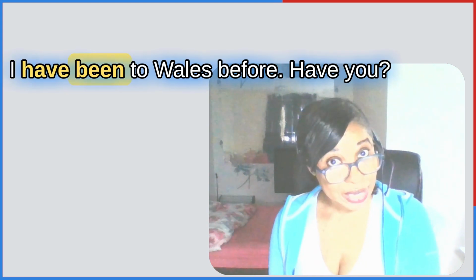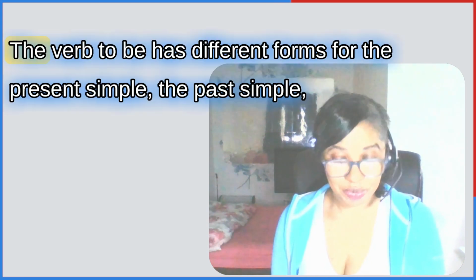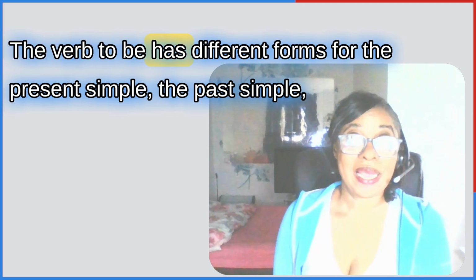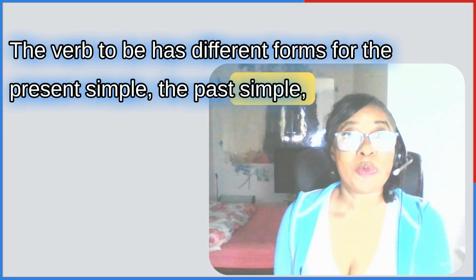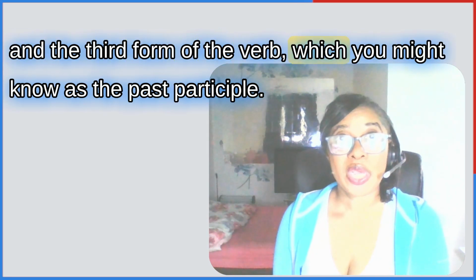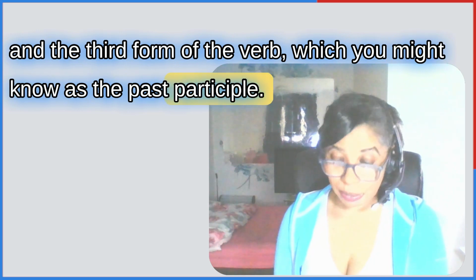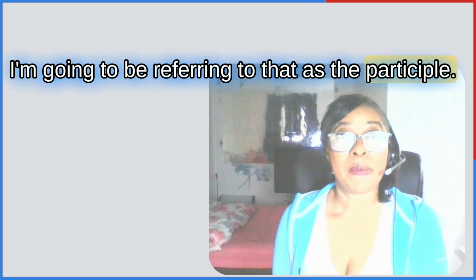I have been to Wales before. Have you? The verb to be has different forms for the present simple, the past simple, and the third form of the verb, which you might know as the past participle. I'm going to be referring to that as the participle.